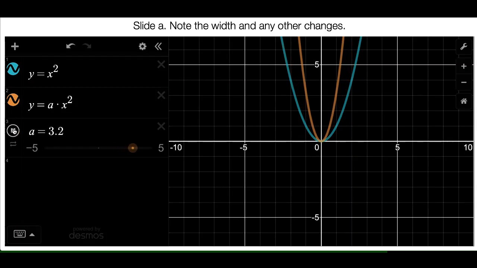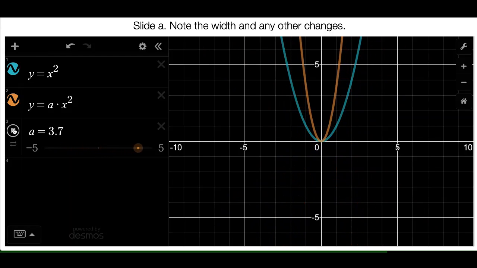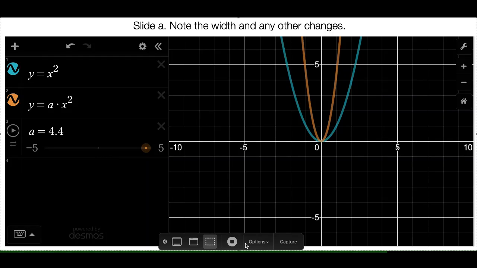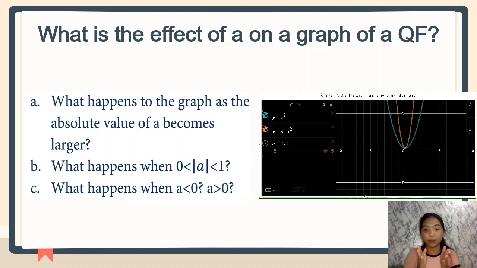So we have here a equal to 1, that's the parent function, and then we will change it from 5 to negative 5. If it's a negative value, the graph opens below. And as you can see, the bigger the a, the narrower the graph.